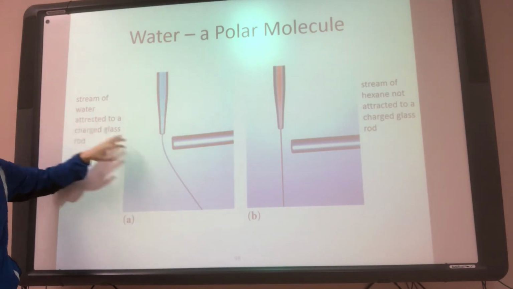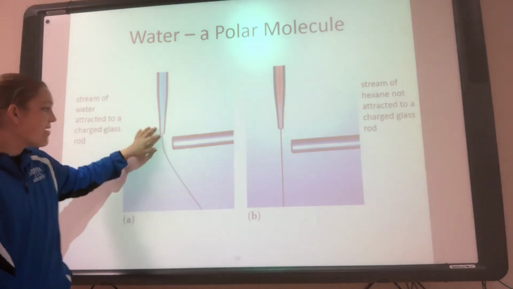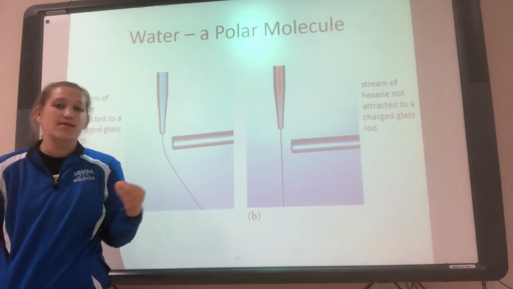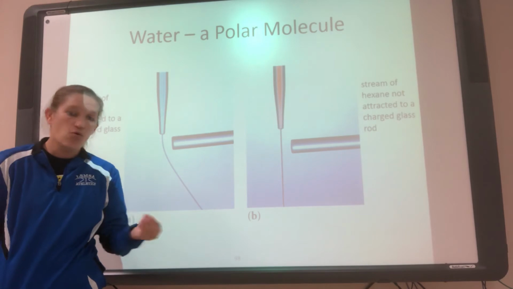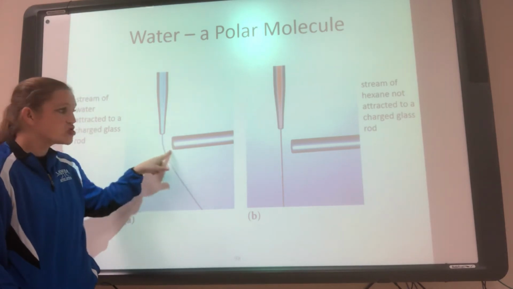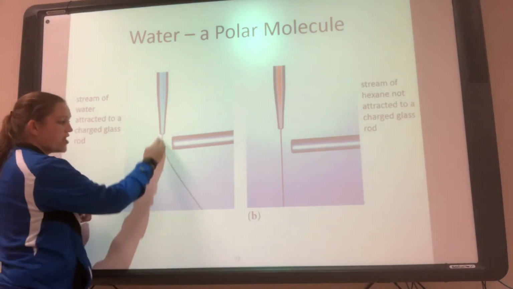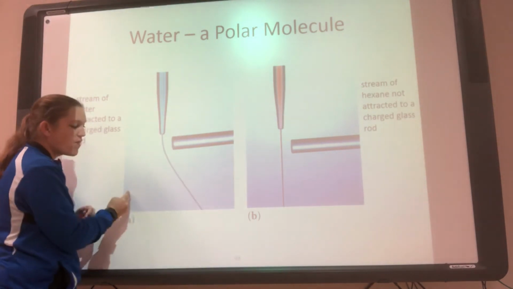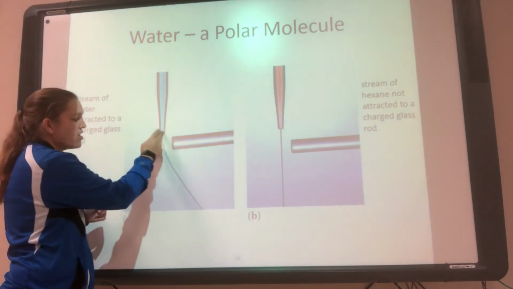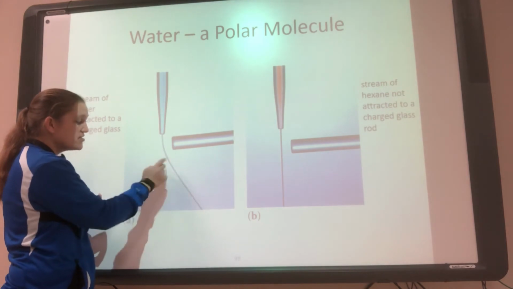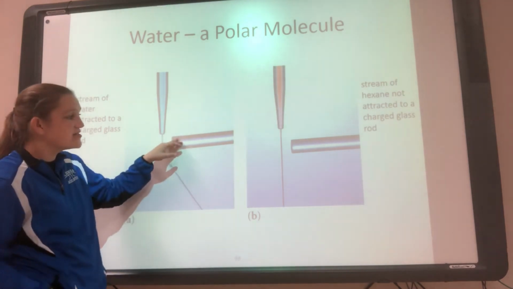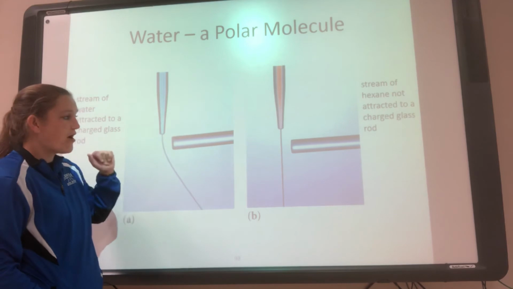If the liquid is polar, that means it has an imbalance in that pull. So if you put a charge next to it, it's going to be affected by it. It will either bend toward it, or it might bend away from it, either one. The molecule itself is affected by a charged rod.